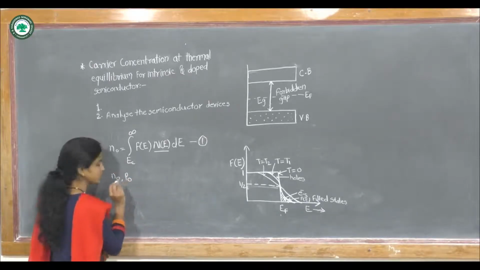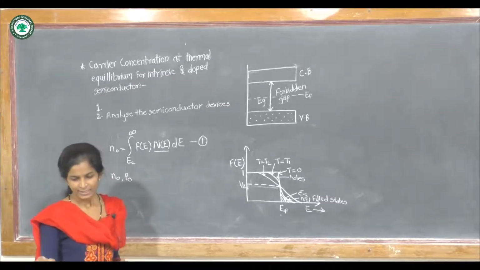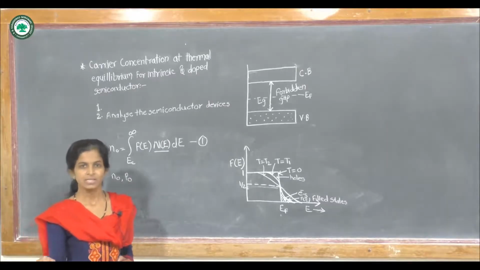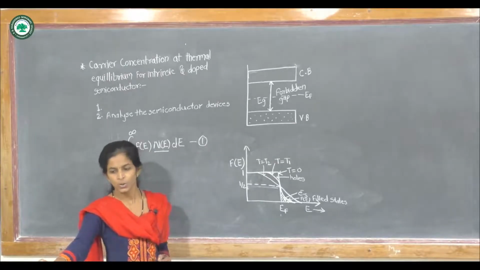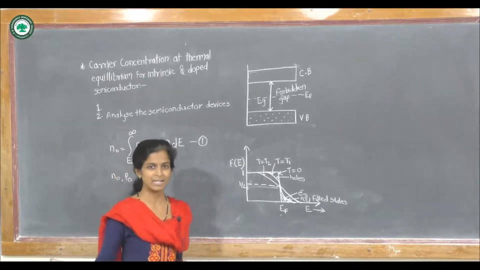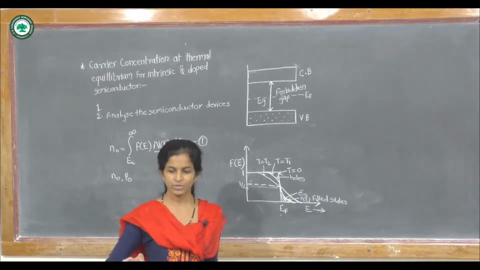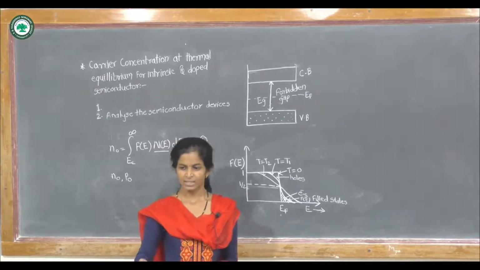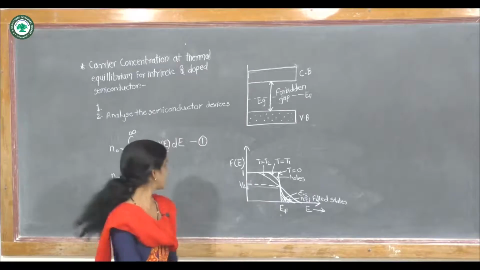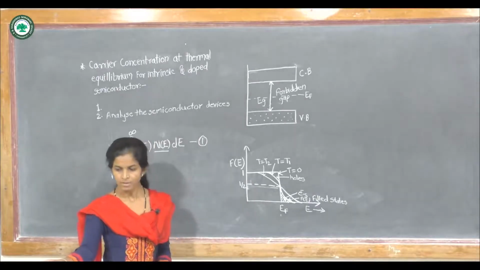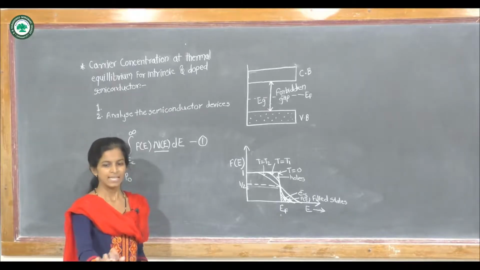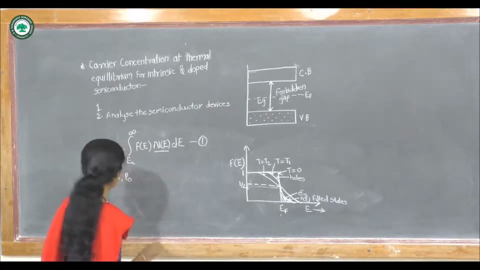This subscript indicates the equilibrium condition. Thus the total electron concentration is the integral over the entire conduction band, and as we know, the density of states is proportional to E raised to 1/2.